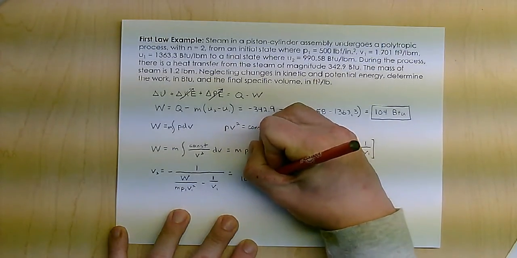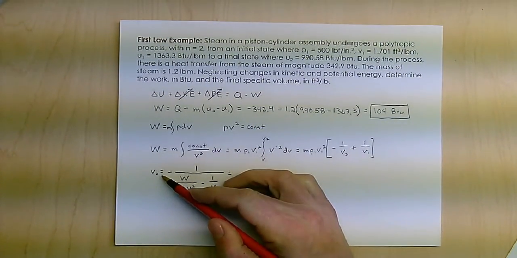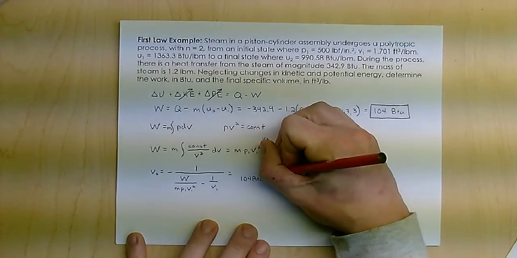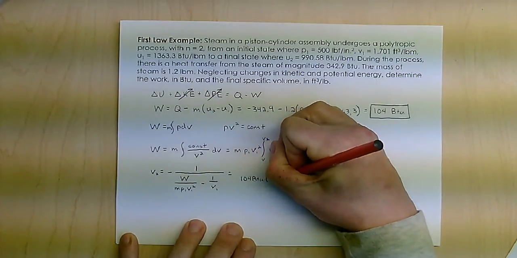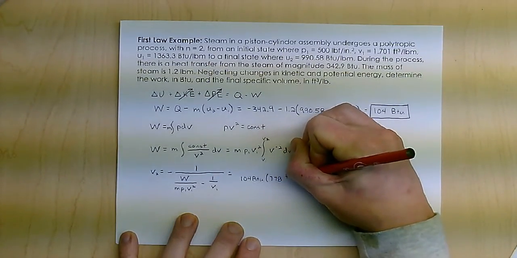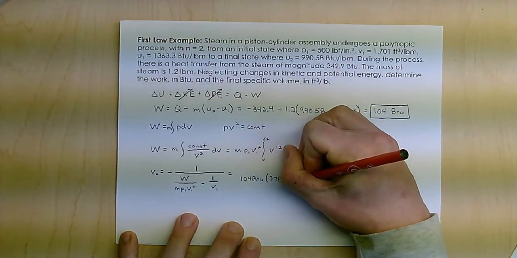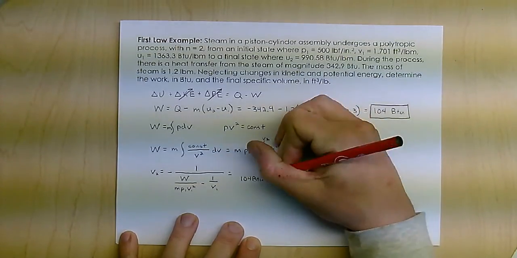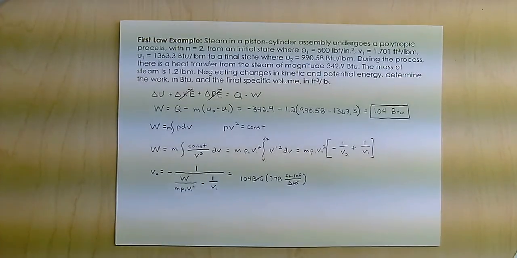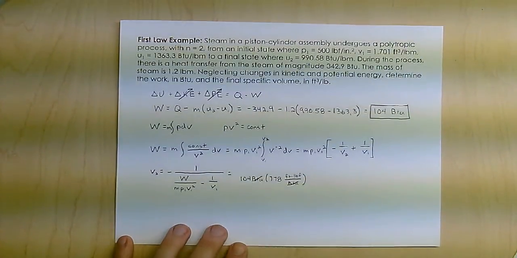Ultimately, I'm trying to get to volume. So I need to get this now into foot-pounds. So I'm going to take that 104 times 778, which is foot-pounds per BTU. That way I can convert from BTUs to foot-pounds, and ultimately I'm going to need things in feet so I can get them into volume.